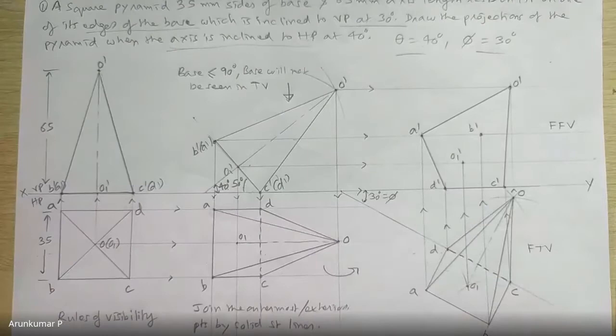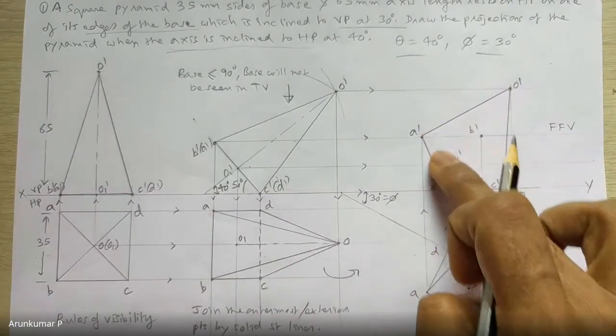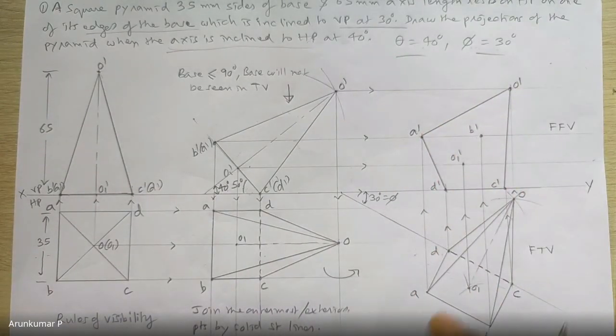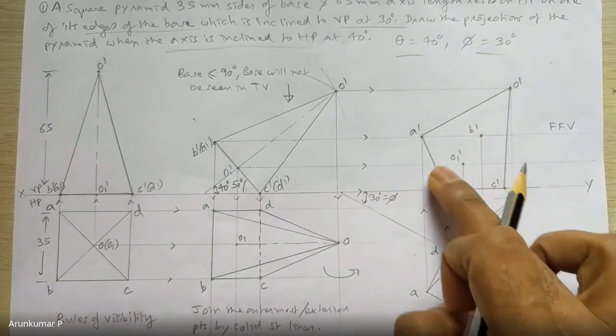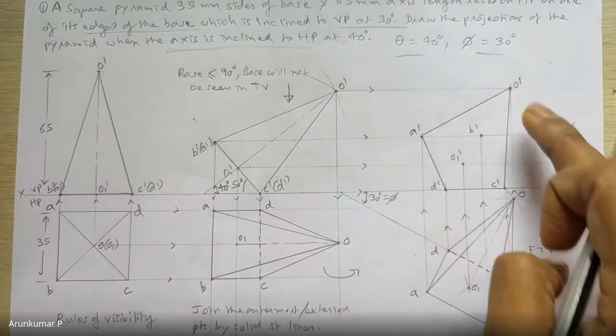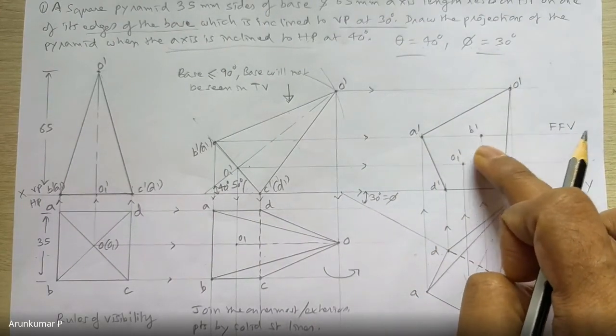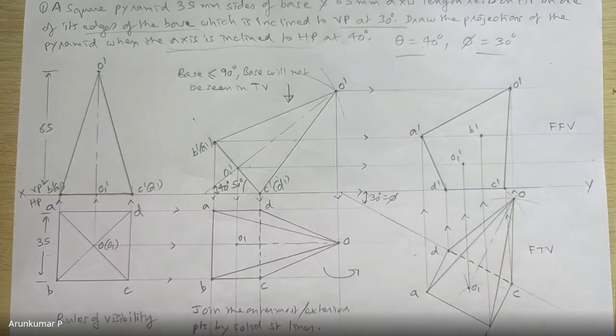Done. So you can see the boundary of the solid. Solid straight lines. So these are the 4 outermost exterior points. B dash and O1 dash are interior points. Clear? Next.